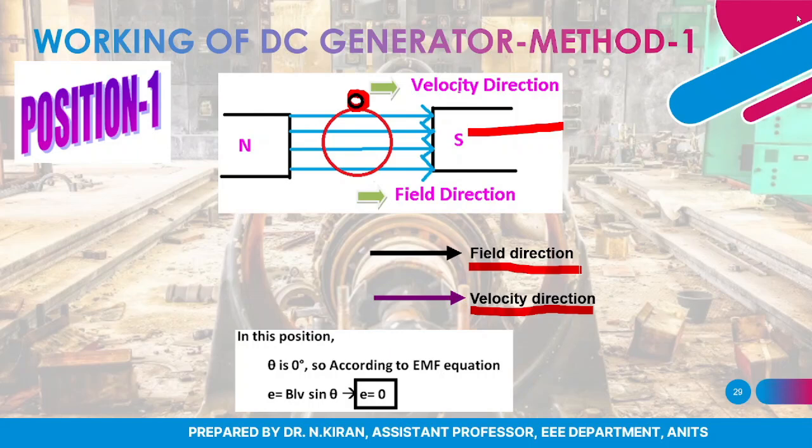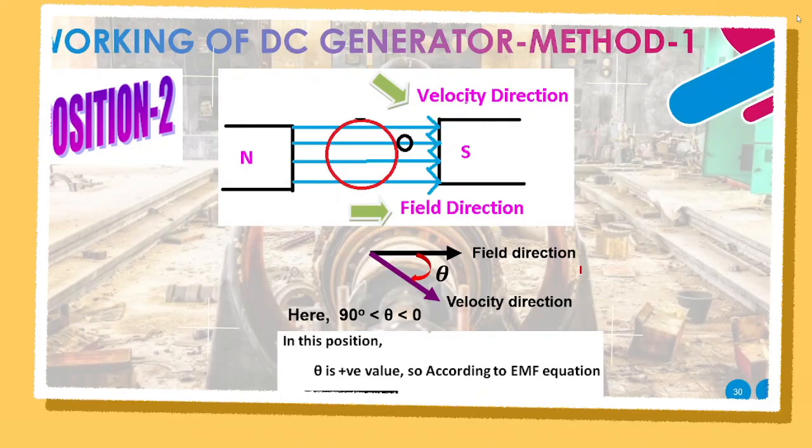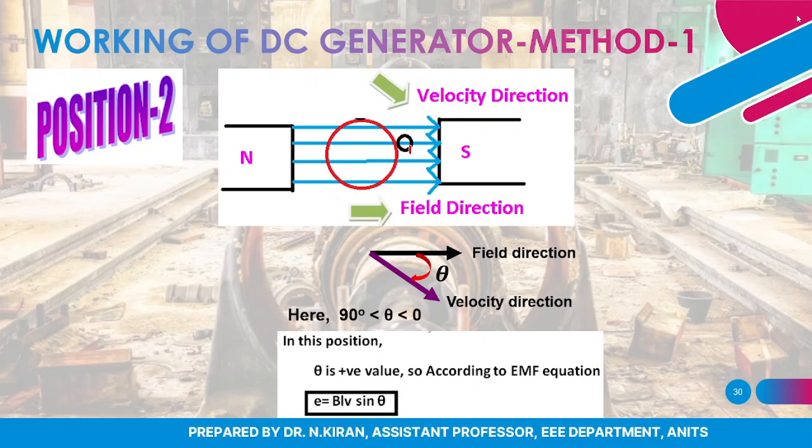Assuming that the machine is rotating in clockwise direction, after some time the conductor will come to position 2, as shown in the diagram. In this position my velocity component will be in this direction. The field direction will never change, and the velocity direction is as shown.